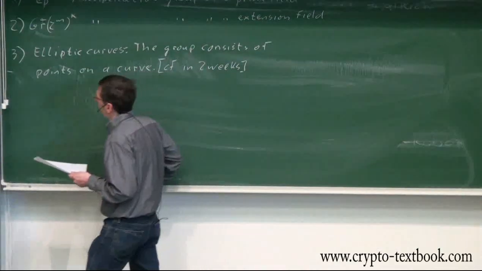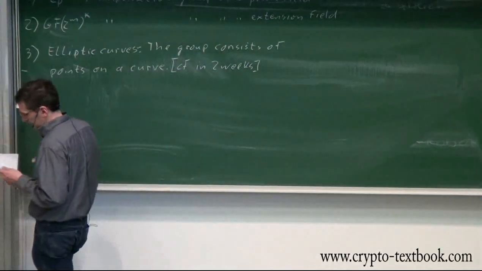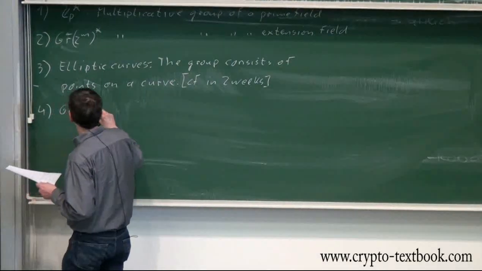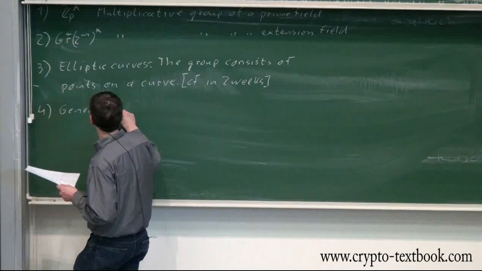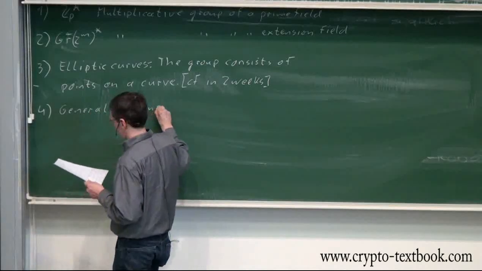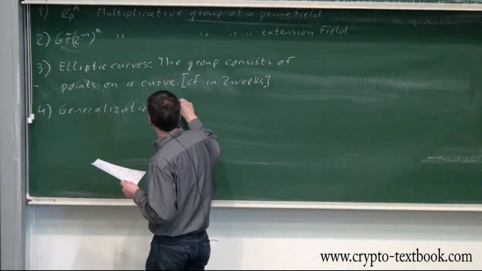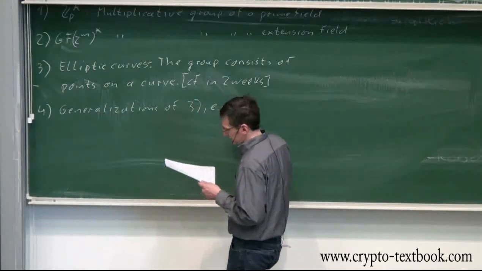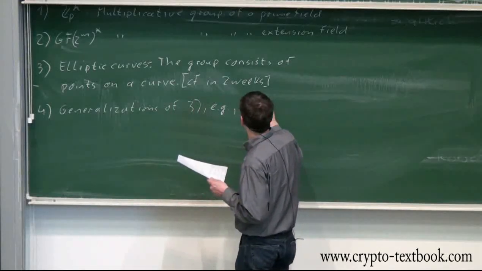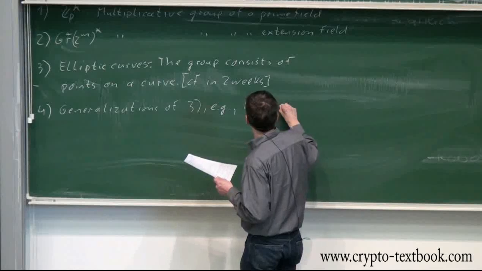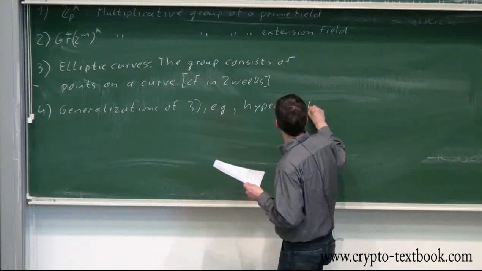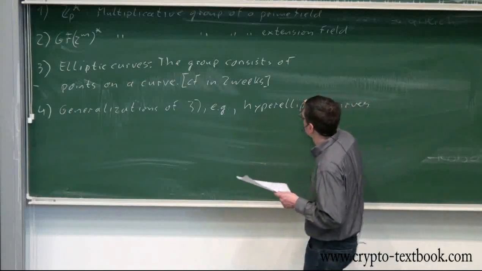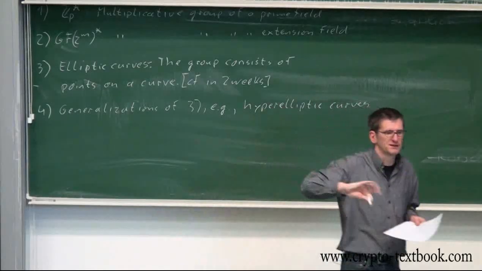And fourth is generalizations of 3, e.g., zum Beispiel, hyperelliptic curves. Okay, and this is exotic.